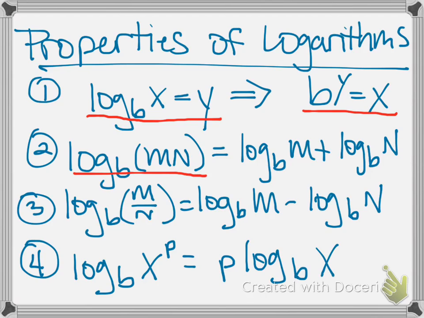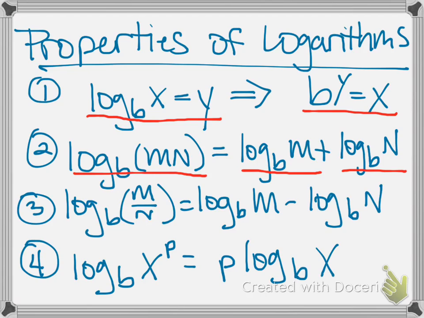This property says that we can split up this product, m times n, into two separate logarithms. We've got the log base b of m, and we add that on to the log base b of n. So if you've got the logarithm of a product, you can split that up into a sum of logarithms.